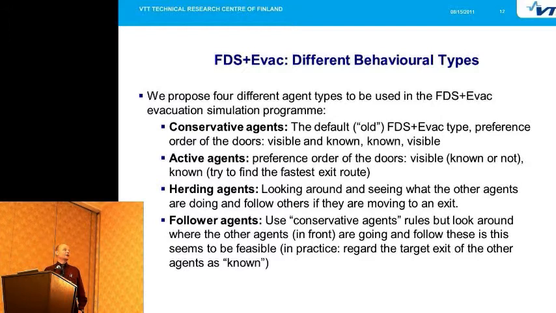Then you can have herding agents which basically don't decide which door is fast, which is not. They just see nearest neighbors around and follow those wherever they are going. And then you can have follower agents. They are more or less doing like the old default style, so they choose some door and they go there.